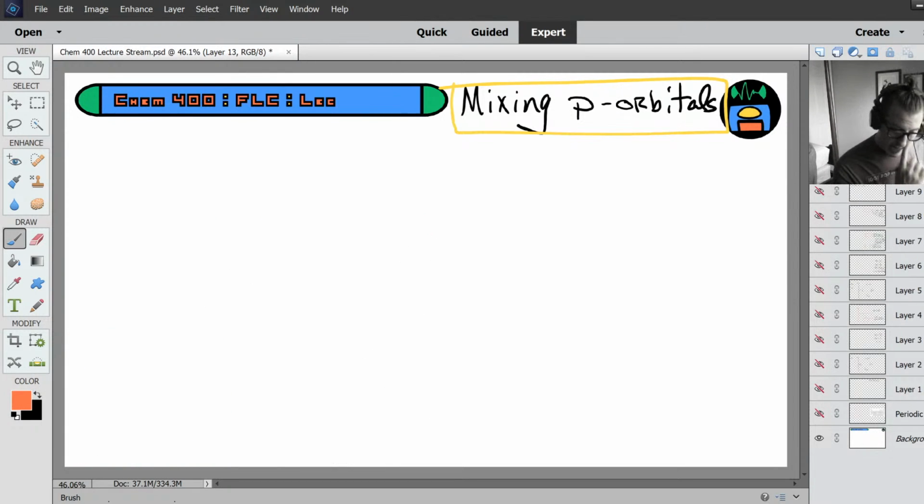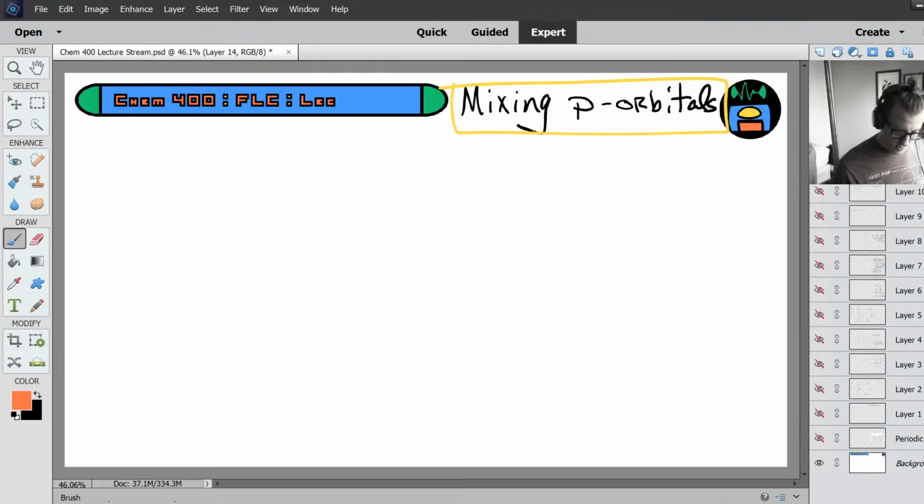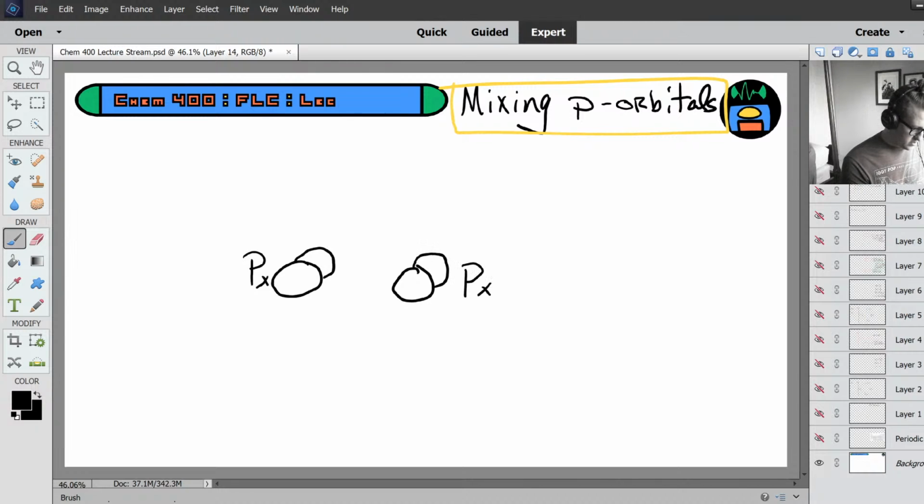Let's take a look at what molecular orbitals form when you mix px. Now with px, it's a little weird. You'll recall it is coming out of the board at you and then back behind the board away from you. So you kind of get this head-on look. I should space this out.